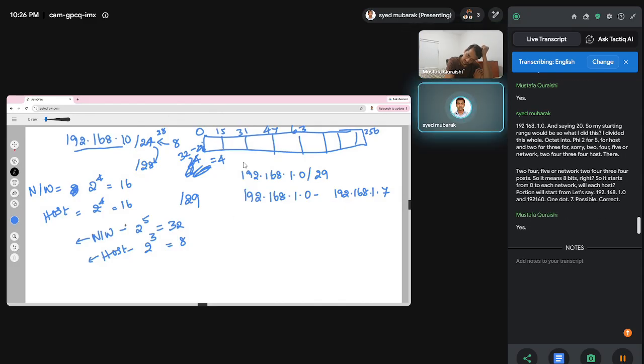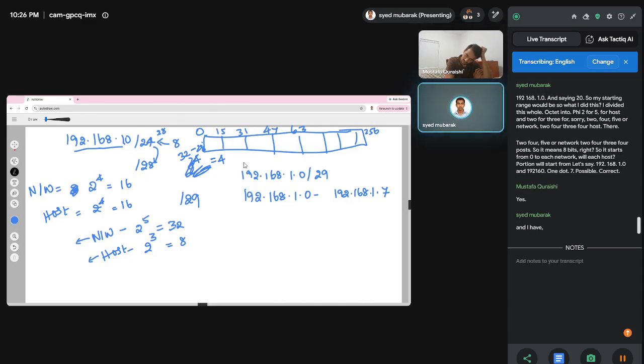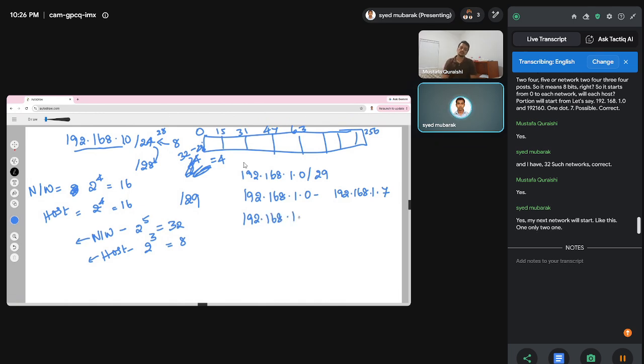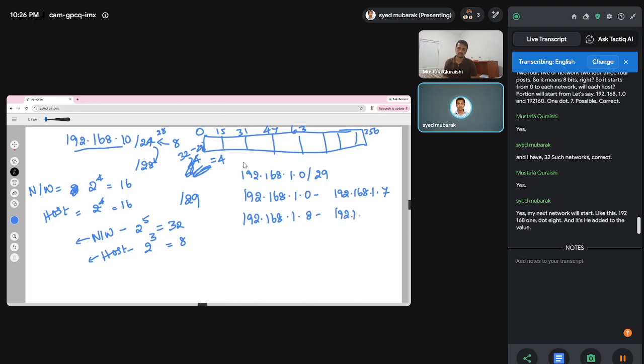And I have 32 such networks. My next network will start at 192.168.1.8, and you add it to get 192.168.1.15.